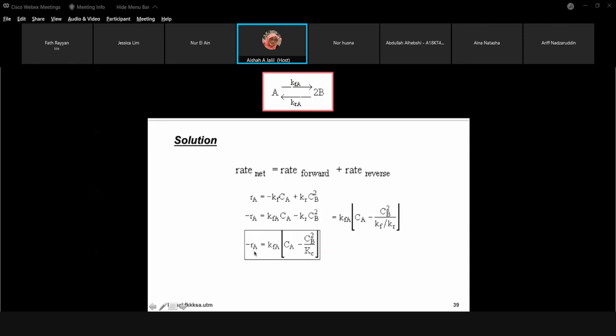Okay, you can see rA equals kA, forward also no need. kA times CA minus CB to the power of 2 over KC. You can see this is k in bracket, this is C over 1. This is for the reactant.